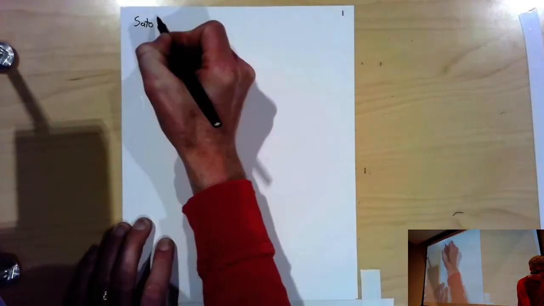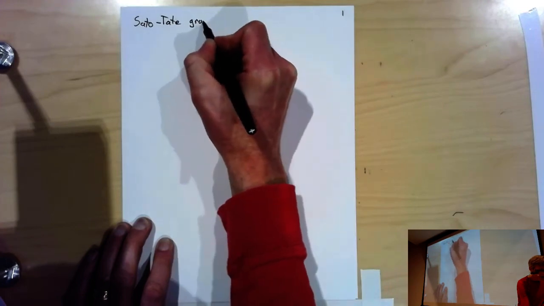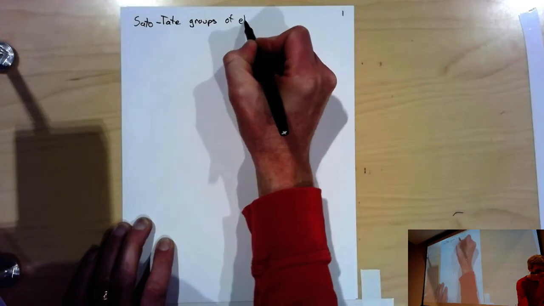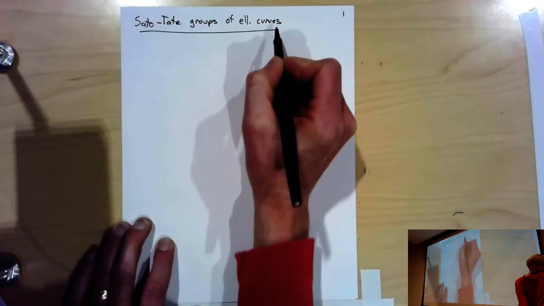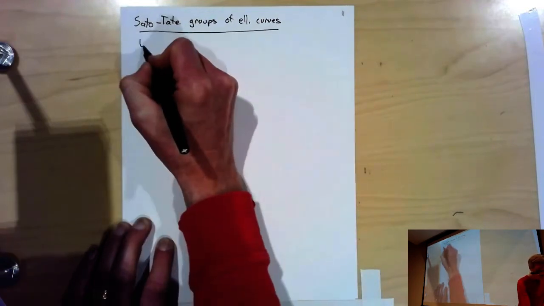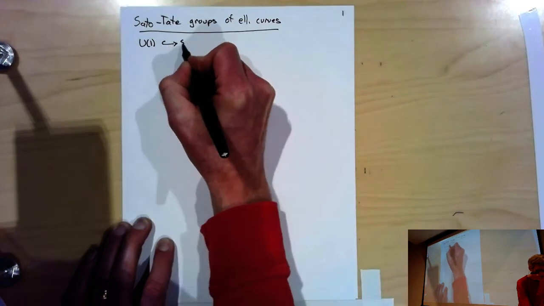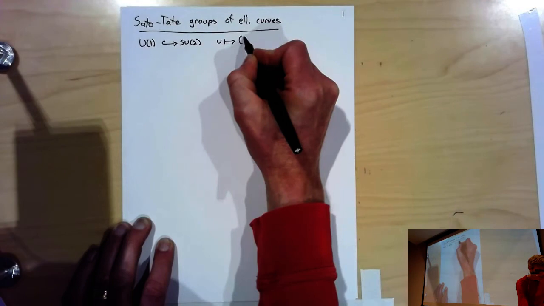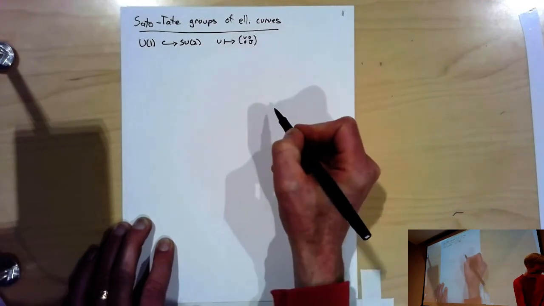So, Sato-Tate groups. I'm going to start with the case we already pretty much understand, which is Sato-Tate groups of elliptic curves. We're going to embed the unit circle U1 into SU2 via the map that just sends u to the matrix (u, 0; 0, u bar).